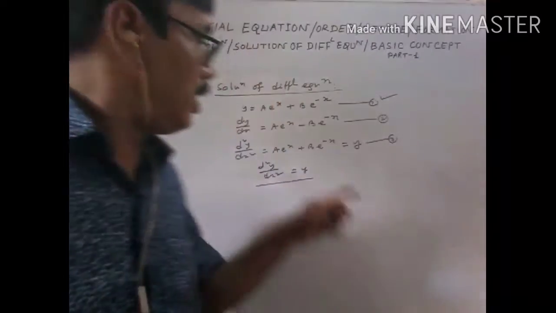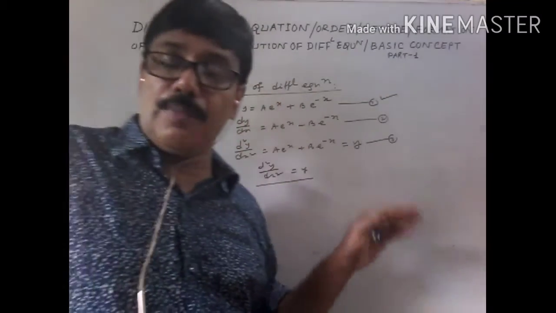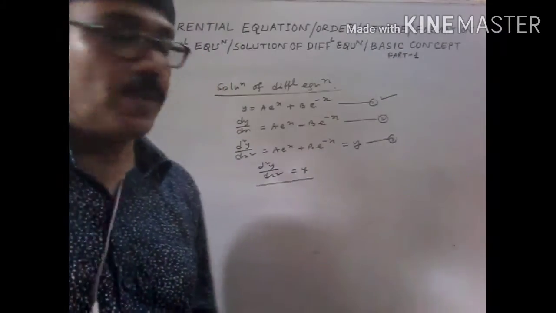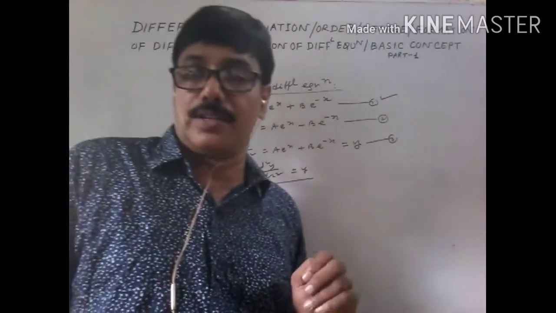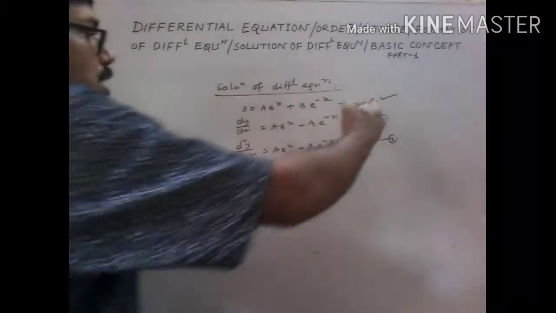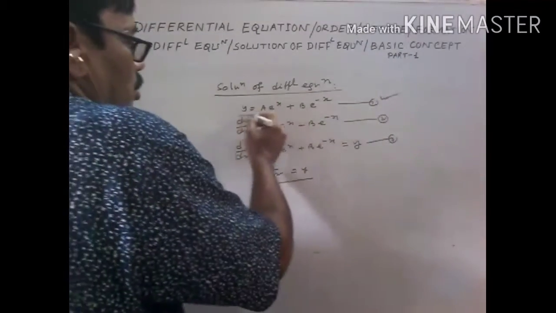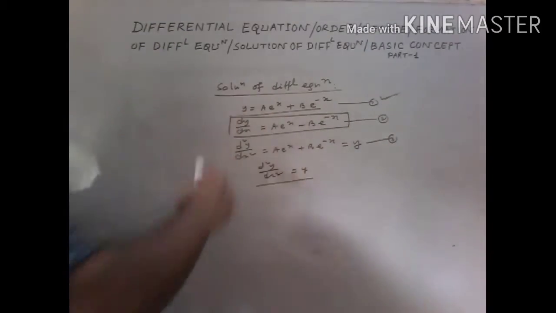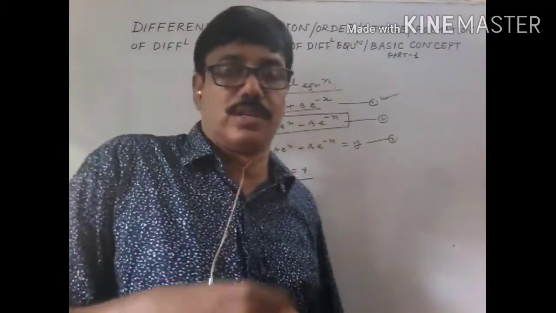Any relation containing dependent variable, independent variable, but not involving their derivatives, which satisfies the given differential equation, is called a solution. So this satisfies the given differential equation, it is a solution. 2 also satisfies it, but it involves derivatives. So it is not a solution.